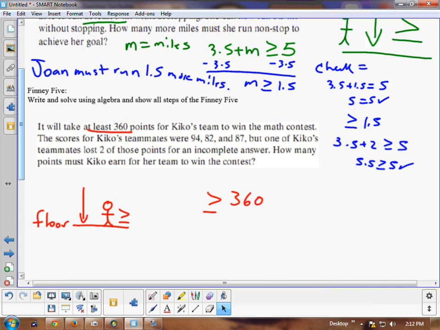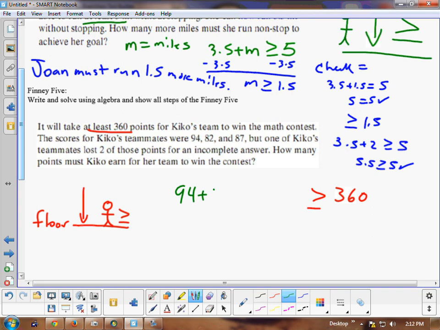And you need to add up those points that are already given: 94, 82, 87. Don't forget the minus 2, and then you need Kiko's score. So this is Kiko's score, and I solved this one in class, and you're going to do it similar to the other one here. Well, let's solve it.